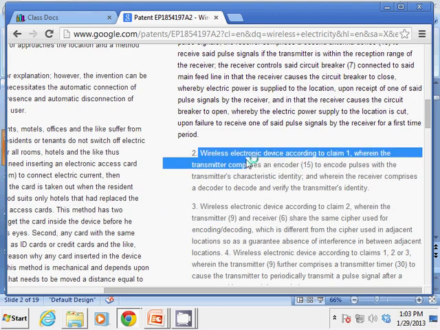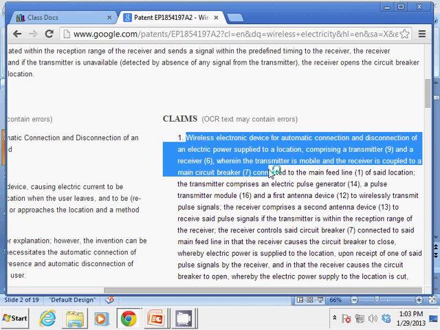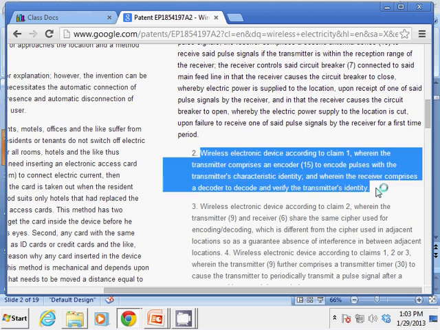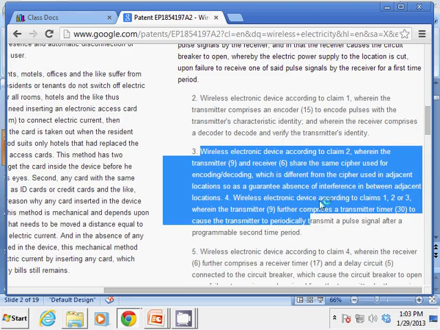If the patent office examiner disallows claim 1, then you've lost 2 claims because they all depend on claim 1. And so if he says, no, you can't claim this because it was claimed by someone else, I'm very sorry, then all the other claims that came after it are gone too. Similarly, if I disallow claim 2, then anything that depends on claim 2 must also be disallowed.